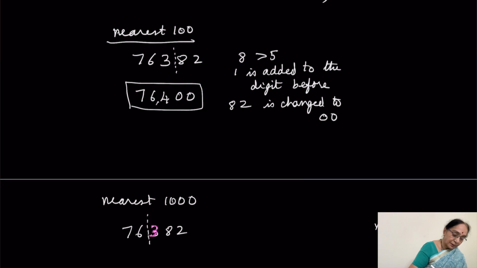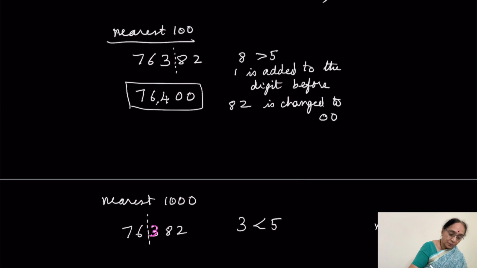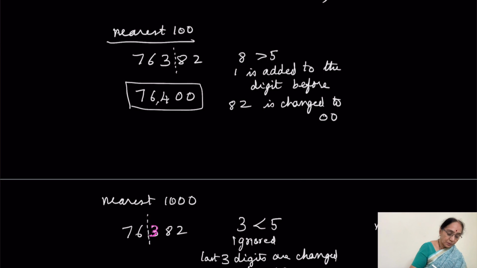Now that 3 is less than 5, so it is ignored. The last 3 digits are changed to zeros. So now this is rounded to 76,000.